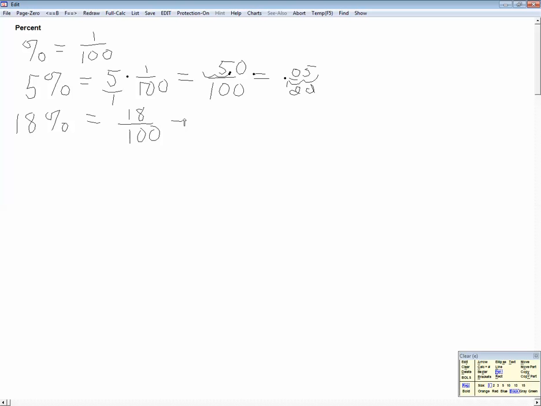And then again, if we want to convert that to a decimal, we take our decimal point and we kick it towards the front 2 places. So this is going to be 0.18. Now, of course, we can also express that as a fraction, which it is back here, and then reduce it. So, for instance, we can divide the top and the bottom by 2, and this would be an equivalent fractional representation of that percent, dividing the top and the bottom by 2.